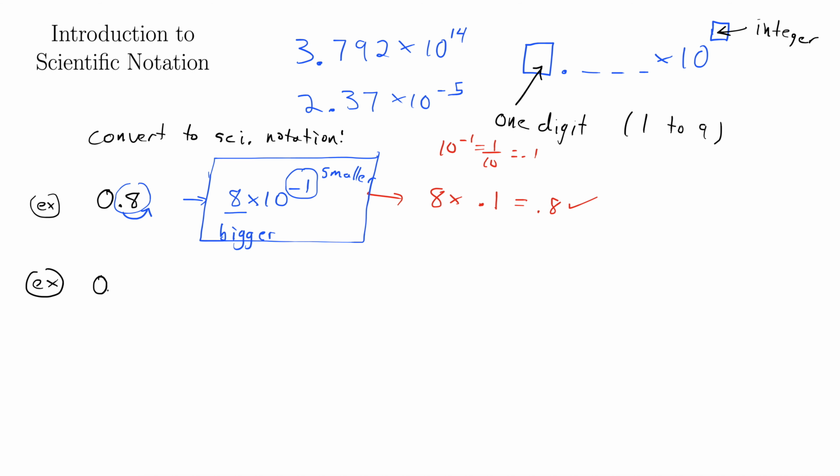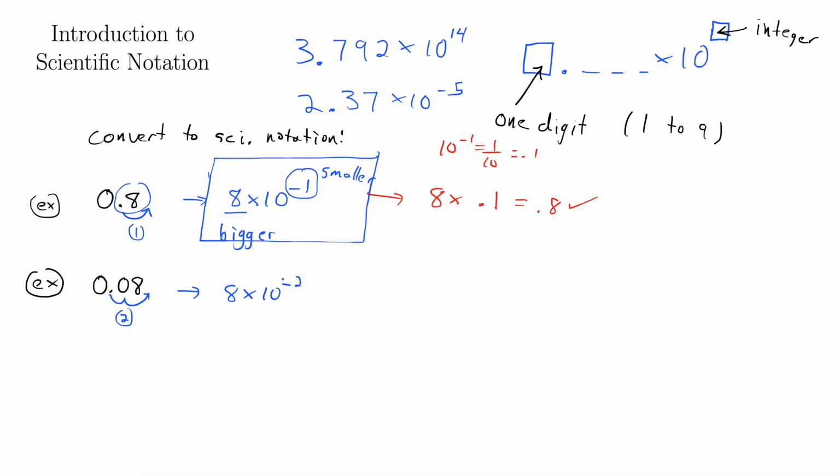So let's try 0.08. 1, 2. This is 2 places over. This was 1 place over. So that gives us 8 times 10 to the negative 2. This number got bigger, 0.08 became 8, so then this number up here is negative.